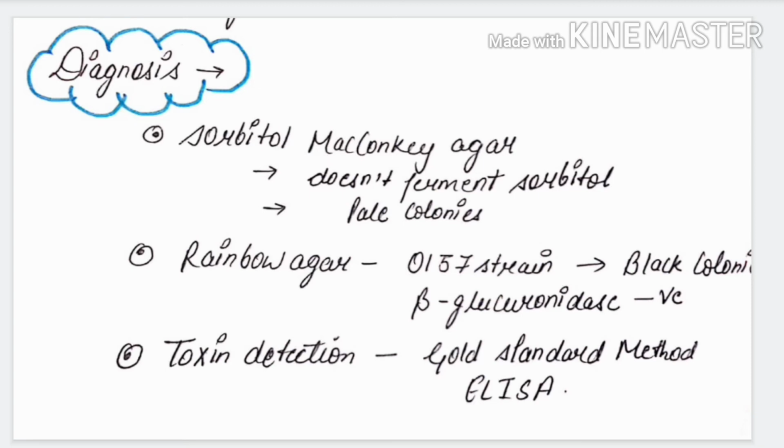It will produce pale colonies on sorbitol MacConkey agar because it does not ferment the sorbitol. Next is rainbow agar, where it will produce black colonies. And the last one is toxin detection. For toxin detection we can use gold standard methods and ELISA, etc.